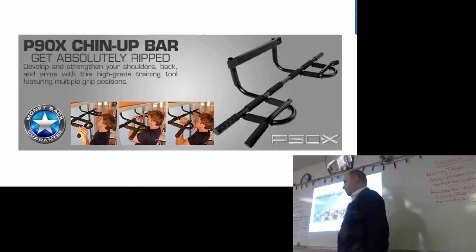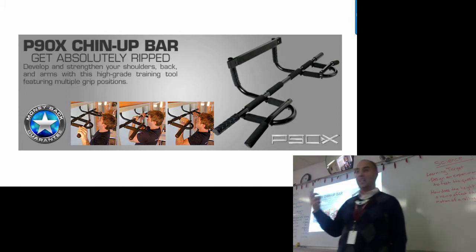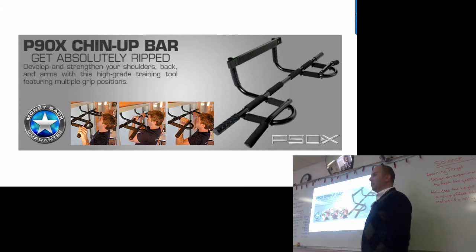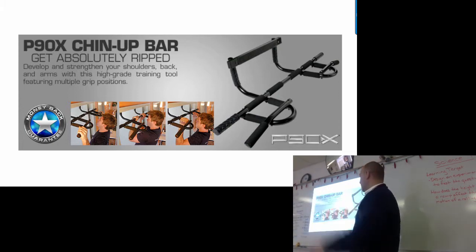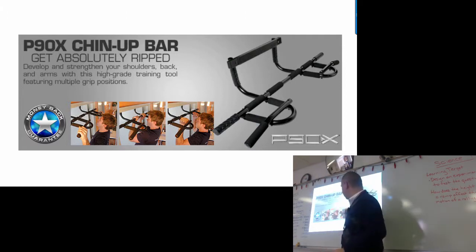So here's the other thing. One of the things that they have you do a lot in P90X are pull-ups or chin-ups. So this is how they make their money, by selling you all of these extra things. So a long time ago, I broke down and bought one of these. And I go down in my basement, and you have to put it in the door jamb.